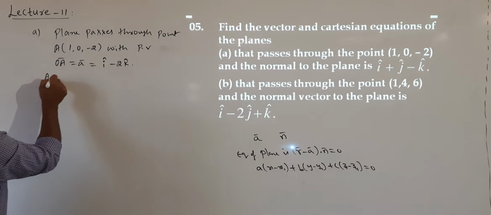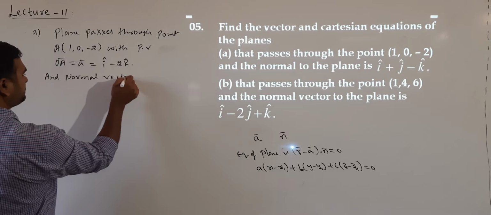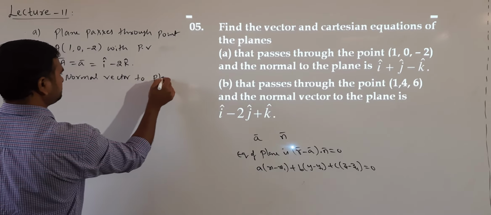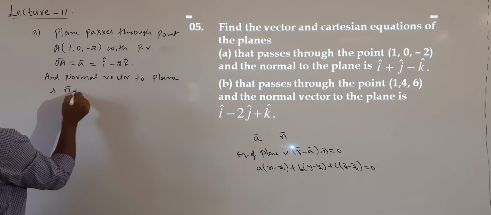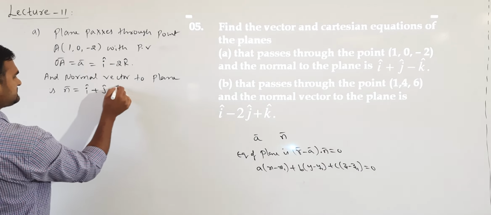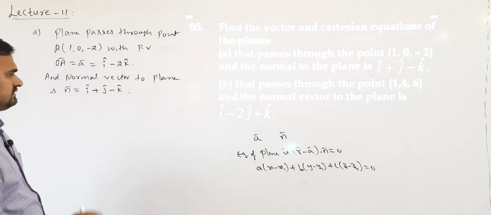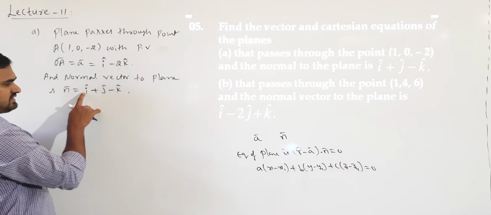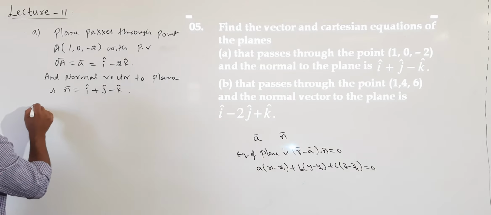And the normal vector to the plane is n bar equal to i plus j minus k. Normal vector i plus j minus k means the DRs of the normal are 1, 1, minus 1.